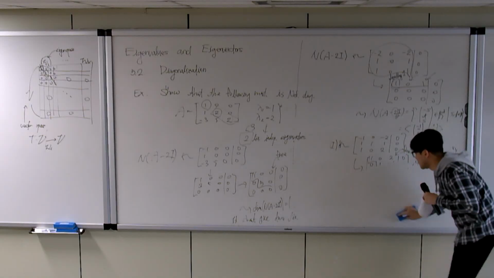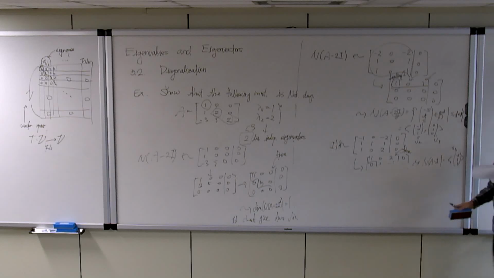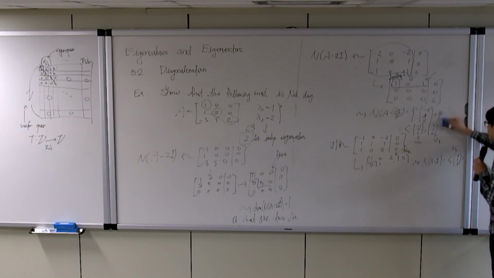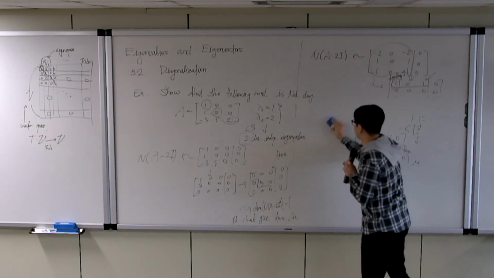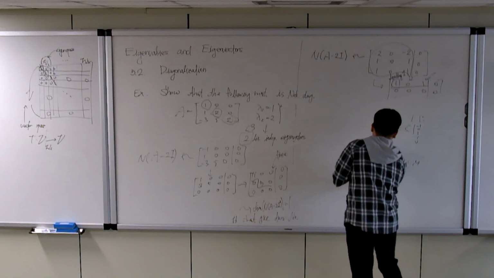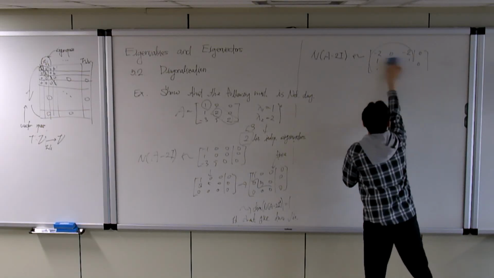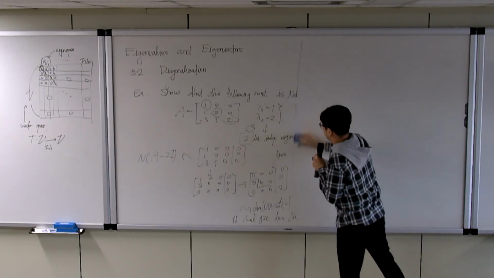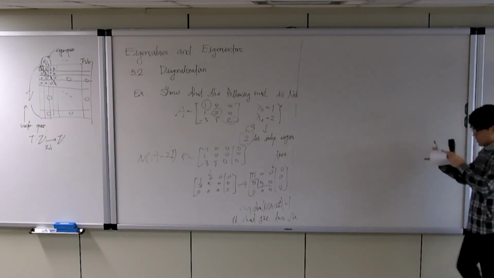This is given by the homogeneous equation 0, 0, 0, and so the dimension is 3. The solution set will be spanned by these 3 independent vectors.